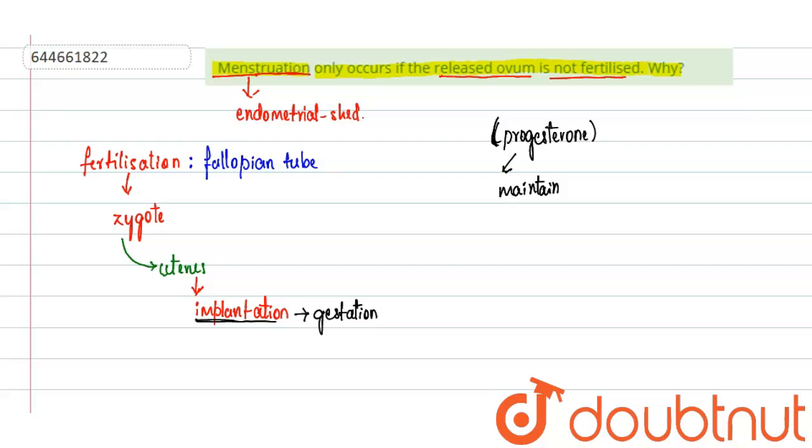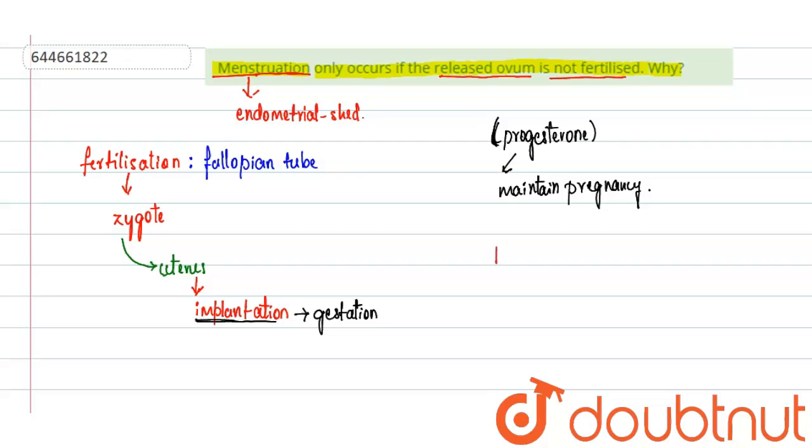So when there is a hormone that can maintain pregnancy, suppose the fertilization has taken place, then menstruation will not occur obviously. Only if there is no fertilization of the gametes, then the progesterone cannot be maintained.